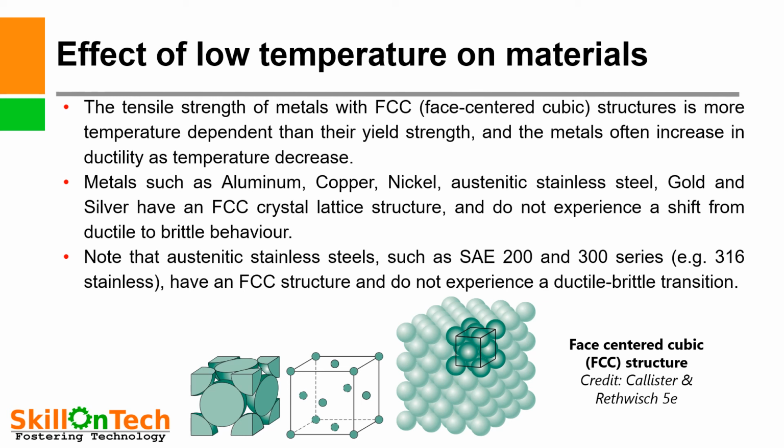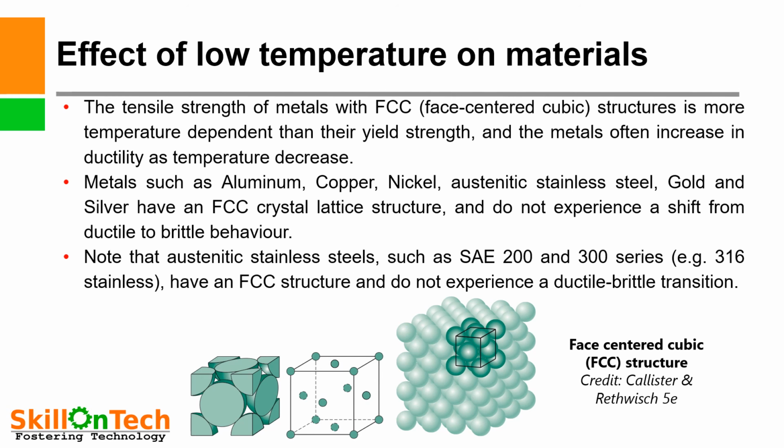For example, metals such as aluminum, copper, nickel, austenitic stainless steel, gold and silver have an FCC crystal lattice structure and do not experience a shift from ductile to brittle behavior. So a picture of an FCC structure is given in the presentation. Kindly refer to this picture.